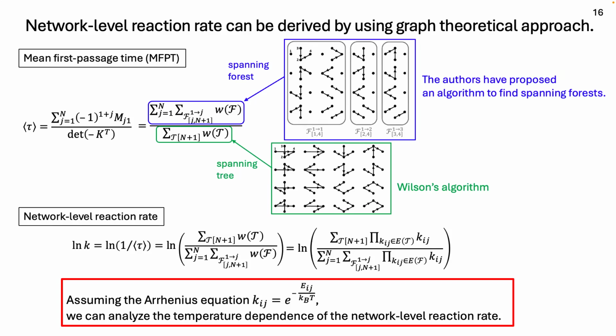Is K always invertible? If determinant K is 0, its K matrix is singular, so we cannot derive the inverse matrix.